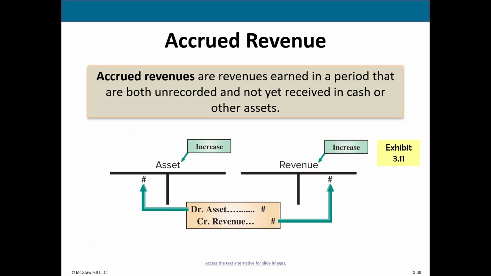This is very typical when we make an agreement with a customer and the customer is going to pay us later. We've worked on the customer contract for a couple days. We need to record that revenue for those days that we worked.